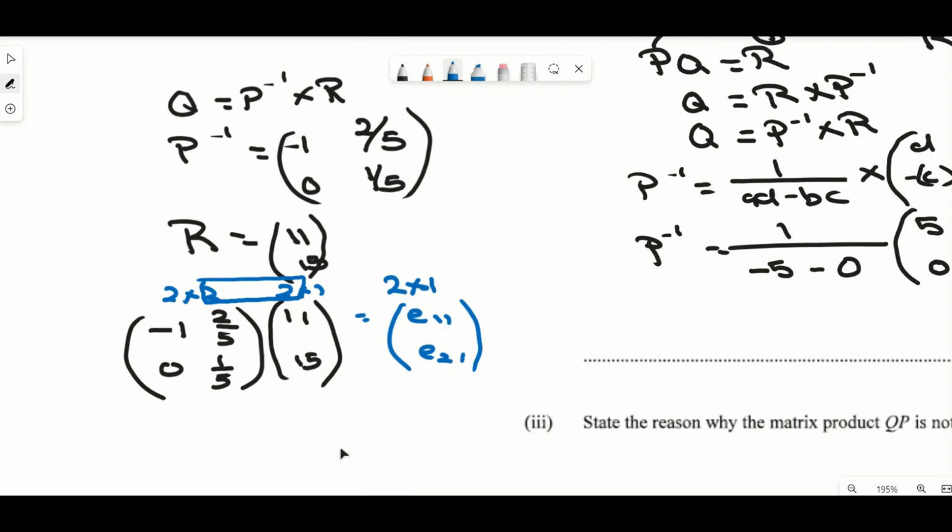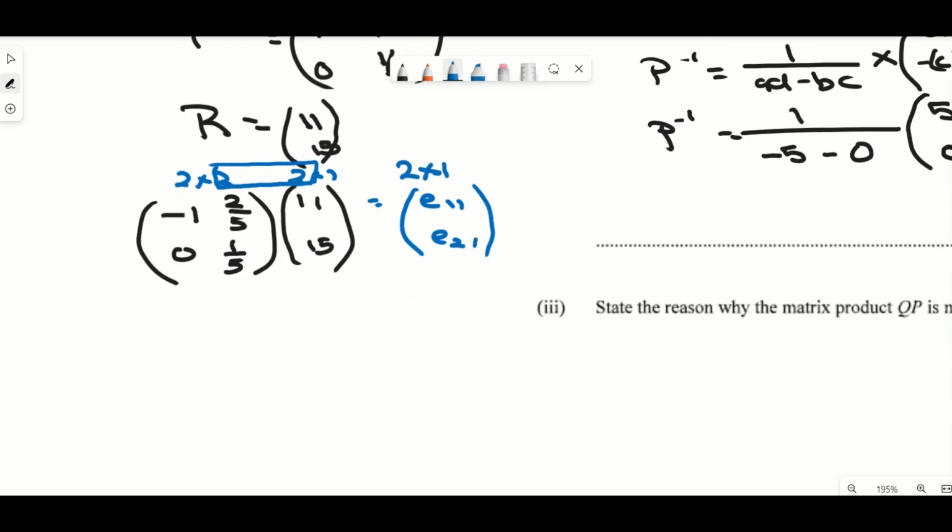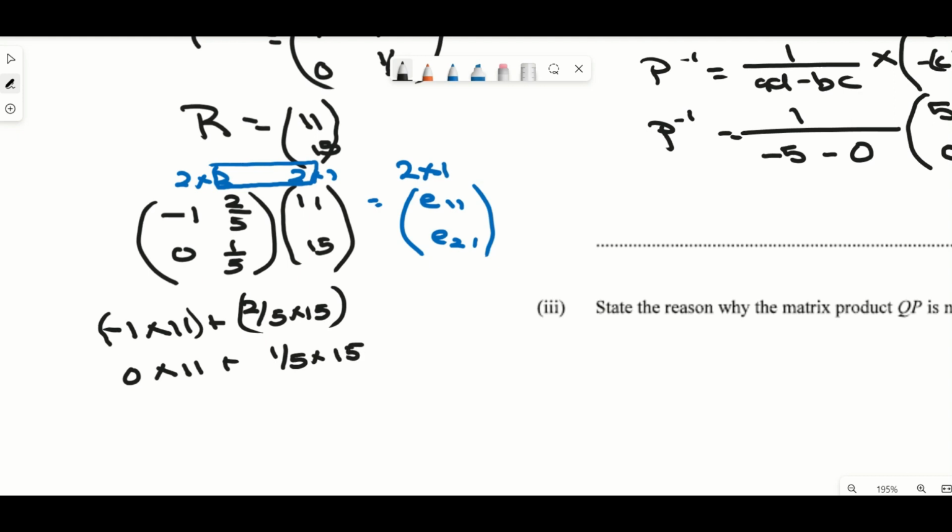So we'll do this all at one time. Row 1 by column 1 is minus 1 multiplied by 11 plus 2 over 5 multiplied by 15. That is the first part. Your second part, E21, would be your second row by your first column. So it's 0 multiplied by 11 plus 1 over 5 multiplied by 15.